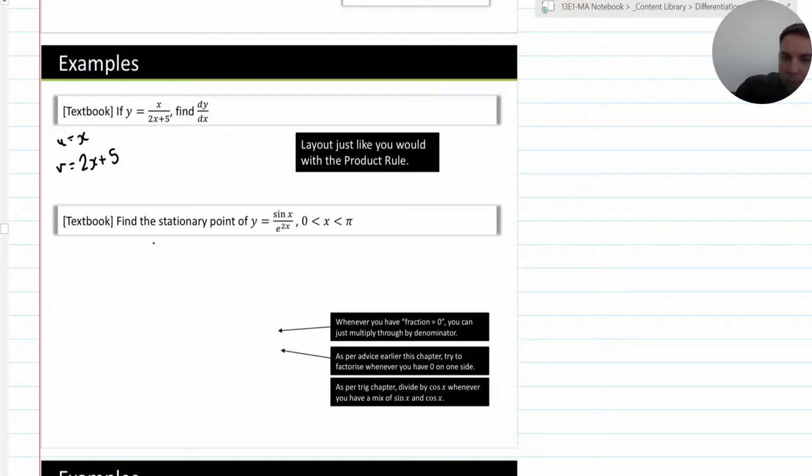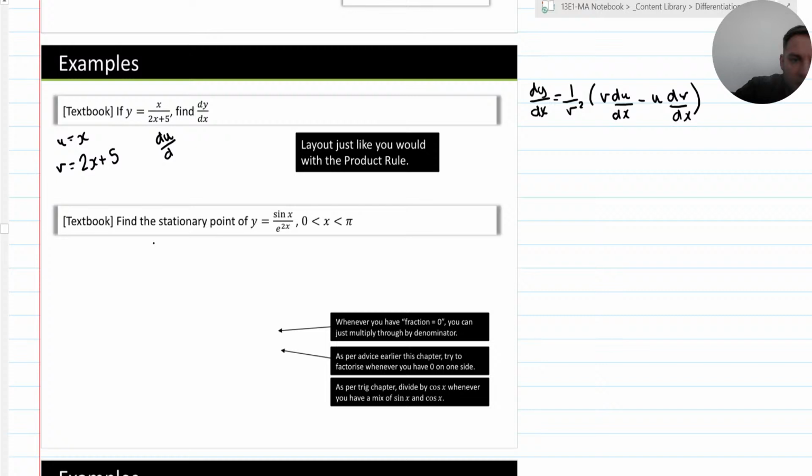We know that the formula is dy by dx is equal to 1 over v squared, v du by dx minus u dv by dx, like so. So we just wrote down what u is, we just wrote down what v is.